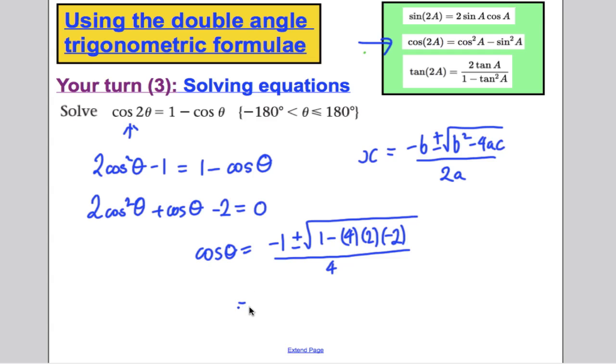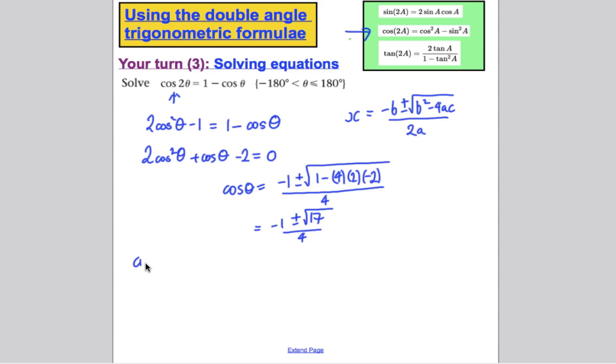And that would be equal to as follows: negative 1 plus or minus the square root. Well, this here would end up being root 17 over 4. So on the one hand, cos of theta would be minus 1 plus root 17 over 4. And on the other hand, cos theta would be minus 1 minus root 17 over 4.